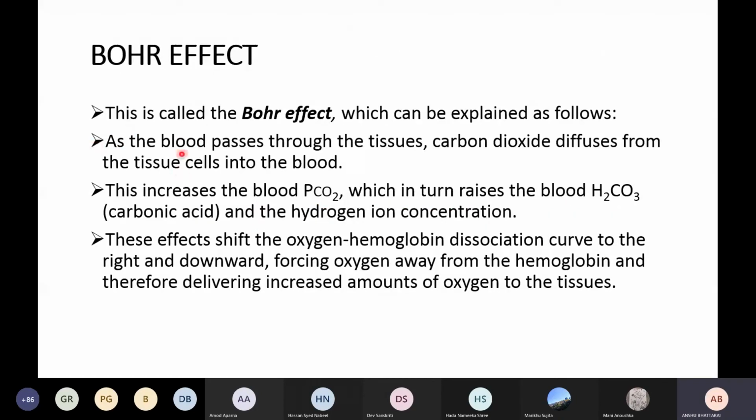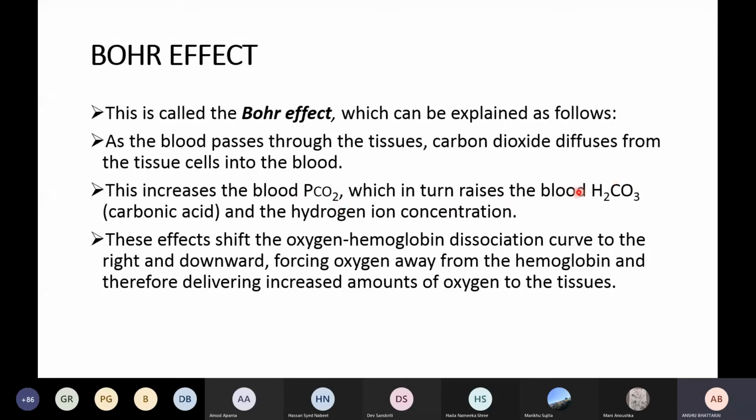And this I've already explained to you. As the blood passes through the tissues, carbon dioxide diffuses from tissue cells into the blood. Why? Because metabolic activities are taking place in the cell. Oxygen is continuously utilized and carbon dioxide is released. When carbon dioxide is released, it increases the blood partial pressure of carbon dioxide. It also increases the carbonic acid in the blood.